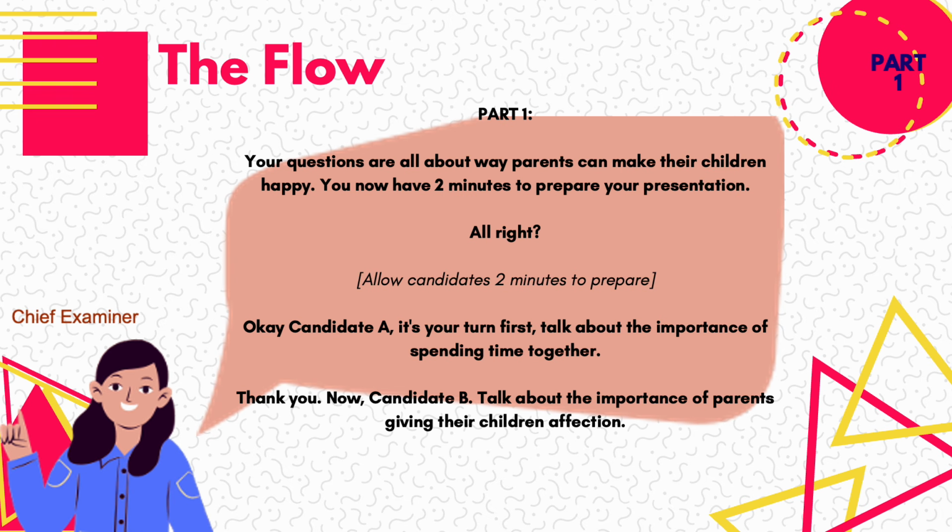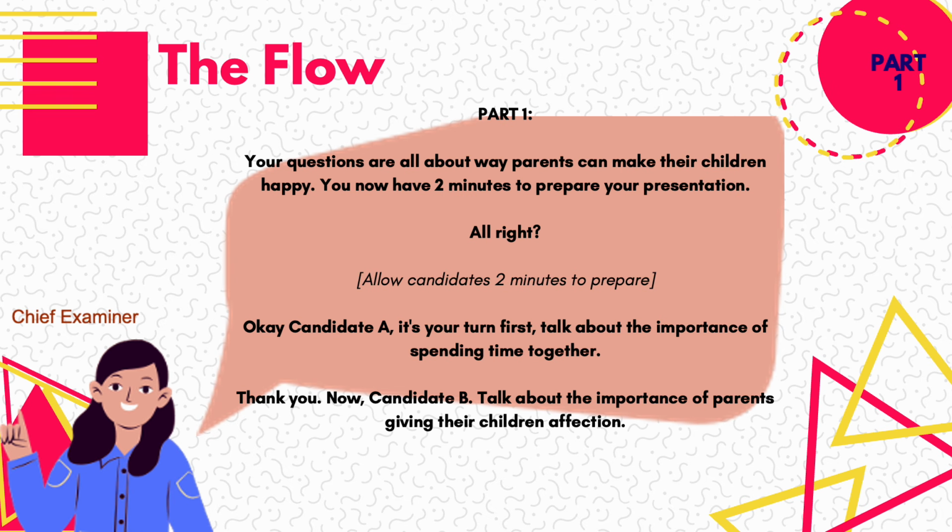After allowing 2 minutes, the examiner will say, "Okay, candidate A, it's your turn first. Talk about the importance of spending time together." After candidate A finishes, the examiner continues with the next candidate. "Thank you. Now, candidate B, talk about the importance of parents giving their children affection."